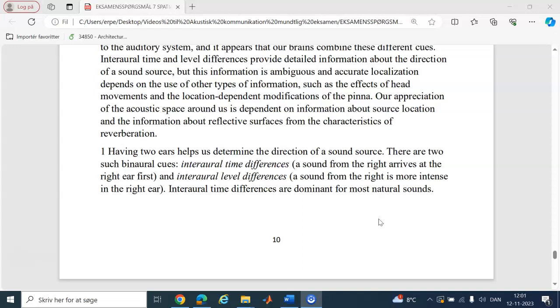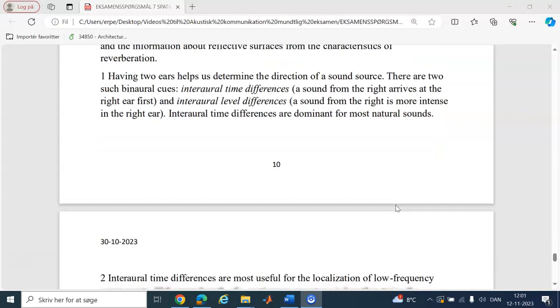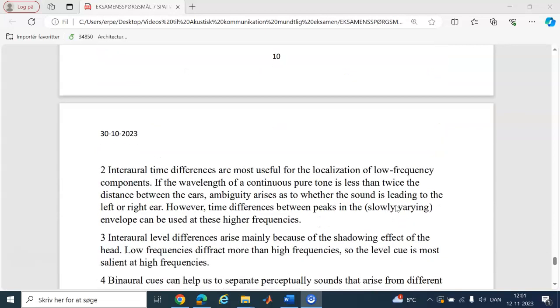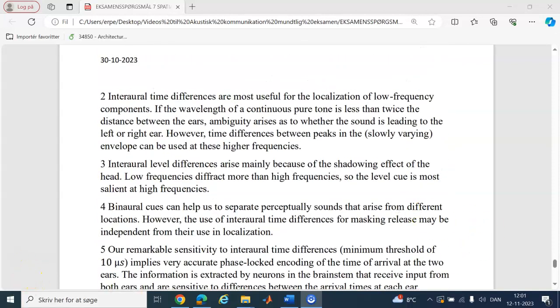Interaural time differences: sound from the right arrives at the right ear first, and interaural level difference: sound from the right is more intense in the right ear. Interaural time differences are dominant for most sounds, and there are some things more. Okay, that was part 2.